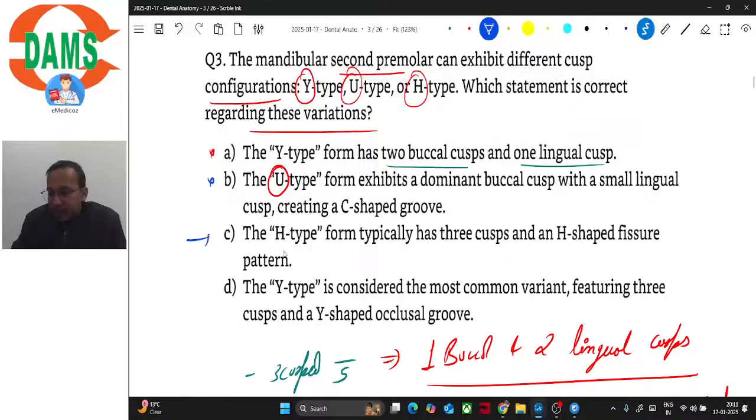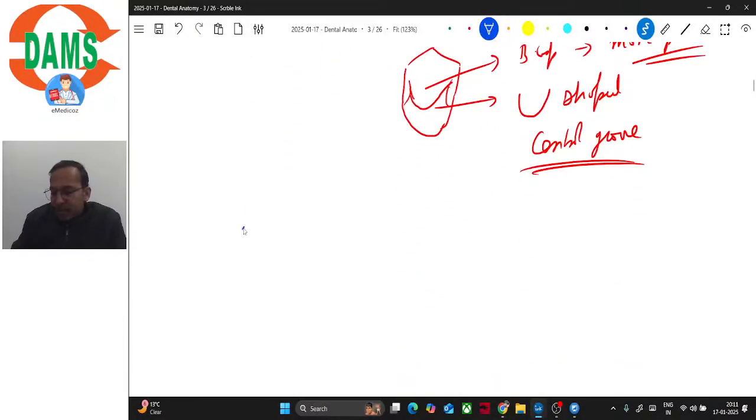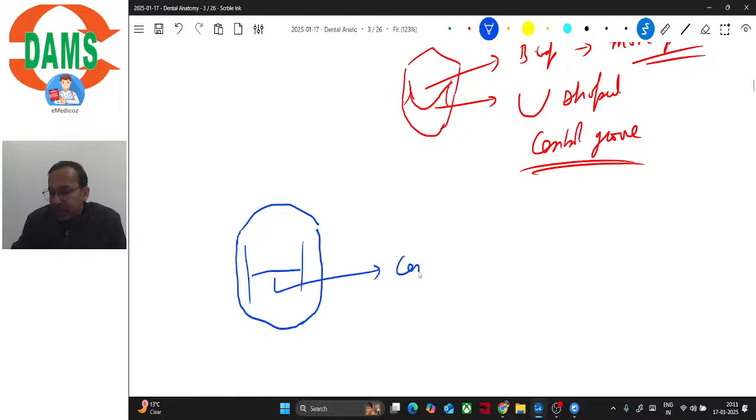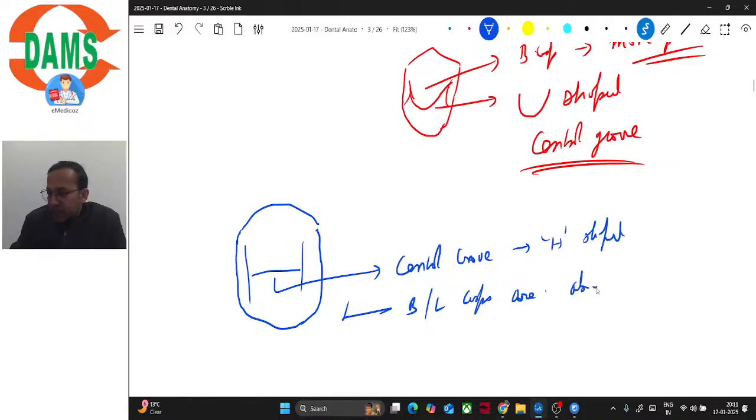What about option C? The H-type form typically has three cusps and an H-shaped fissure pattern. Again, this option is incorrect. Why? Because in the H-shaped pattern, the central groove is H-shaped, as you can see here, and both the buccal and lingual cusps are almost the same in development, isn't it?